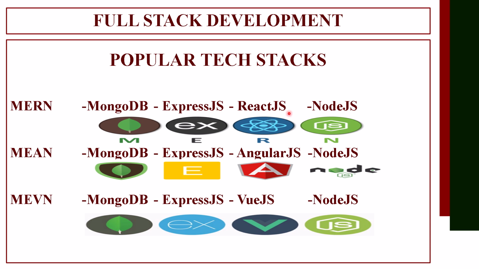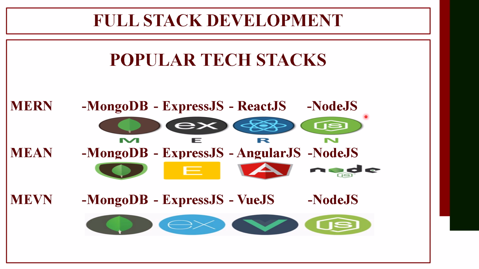And next one is React.js. What is React.js? React.js is a library which is used to develop single page applications. I will let you know what single page applications are at a later point of time. But for the time being, React.js is a front end library which is used to develop single page applications. And next thing is Node.js.